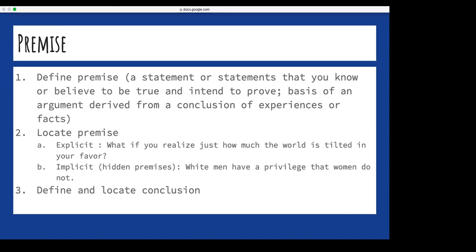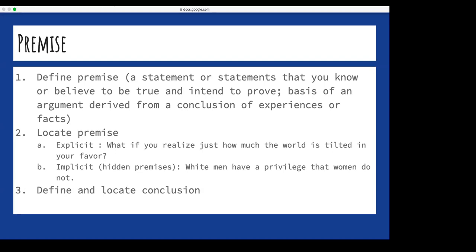All right, so now we move into the idea of a premise. Yesterday we talked about a claim being a statement that may or may not be true, that more than likely doesn't have evidence attached to it, or doesn't have to have evidence attached to it. You can make a claim and not support it.